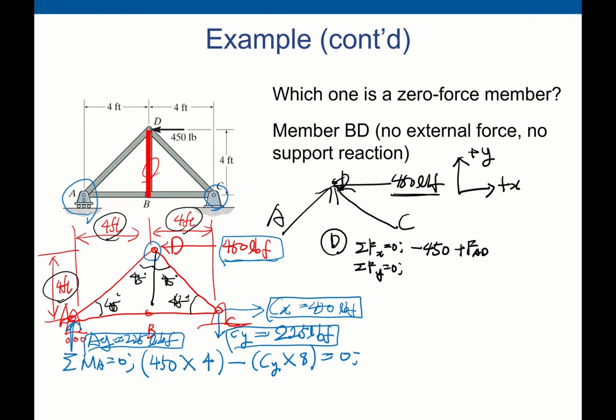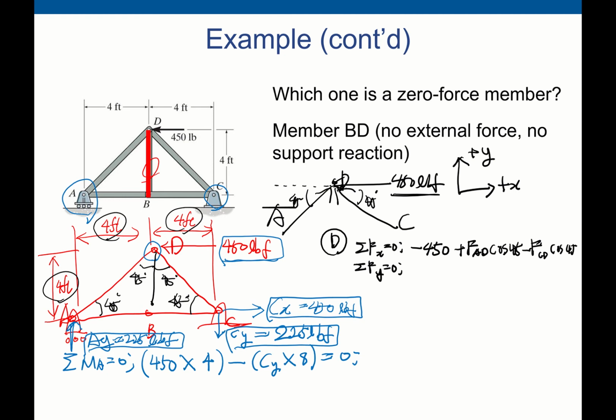So member FAD times cosine 45. Minus FCD cosine 45. This one should be equal to 0.